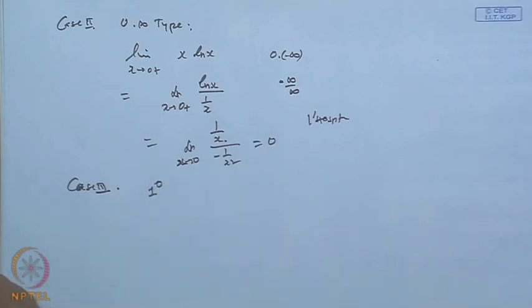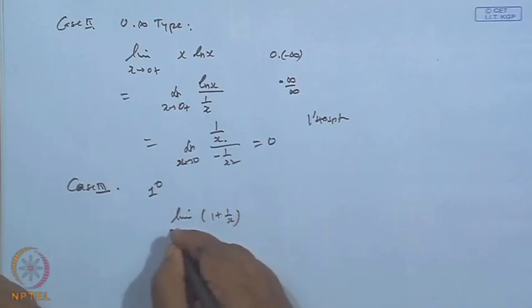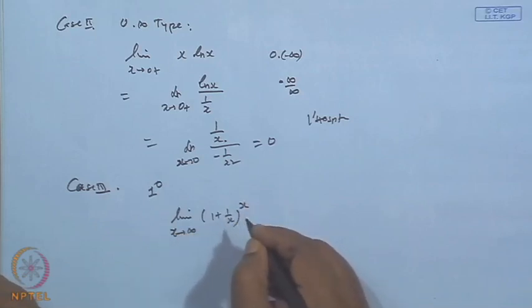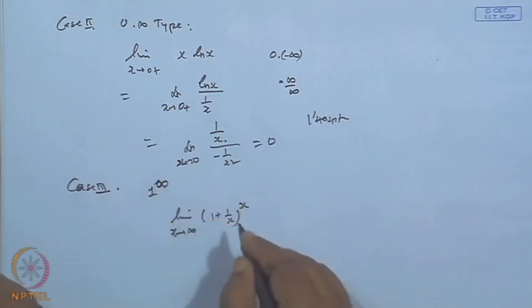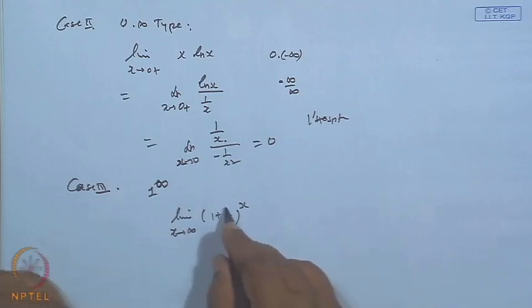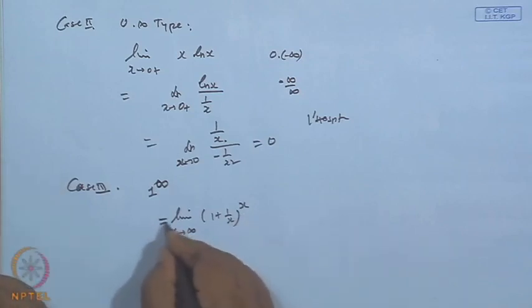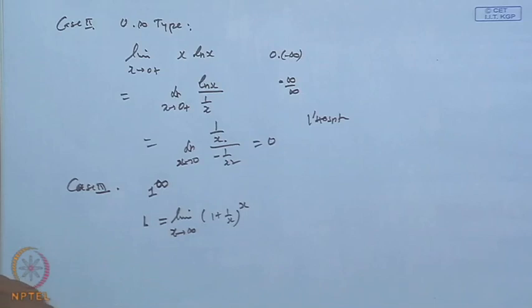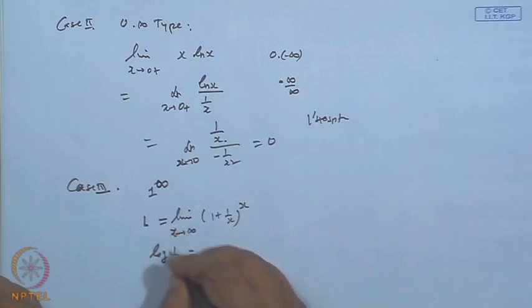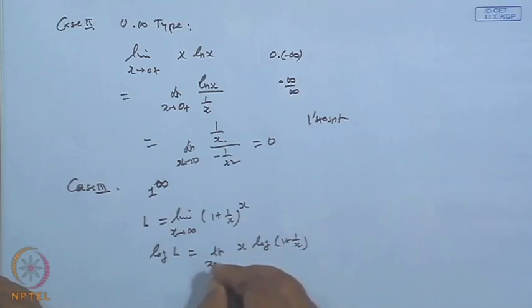For example, suppose I take the limit of (1 plus 1 by x) to the power x as x tends to infinity. When x tends to infinity, this base is 1 and the exponent is infinity, so it is 1 to the power infinity. What we do is we consider this limit L and take the log. Because log is a continuous function, the log will go inside and we get the limit of x log(1 plus 1 by x) as x tends to infinity.